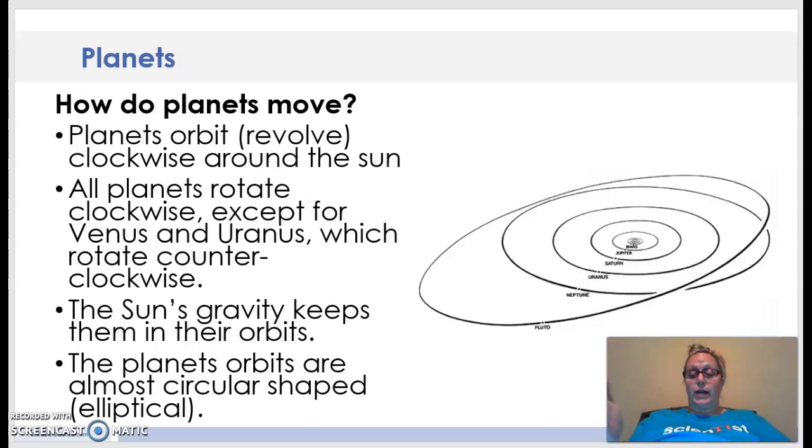So instead of rotating like this, or rotating on its axis like this, it rotates like this on its side. The sun's gravity is what keeps them in their orbits. And the planet's orbits are almost circular shape or elliptical. That's that elongated circle or oval that we talked about.